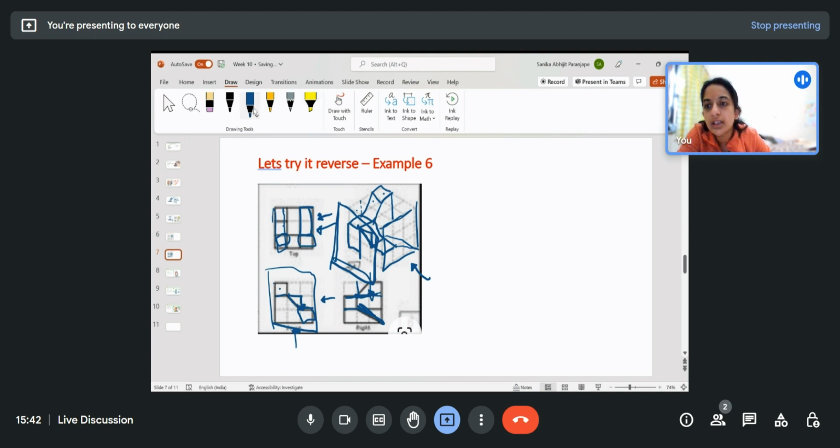So let us trace this. Okay, this slant is done here. What is here then? So this slope is here.